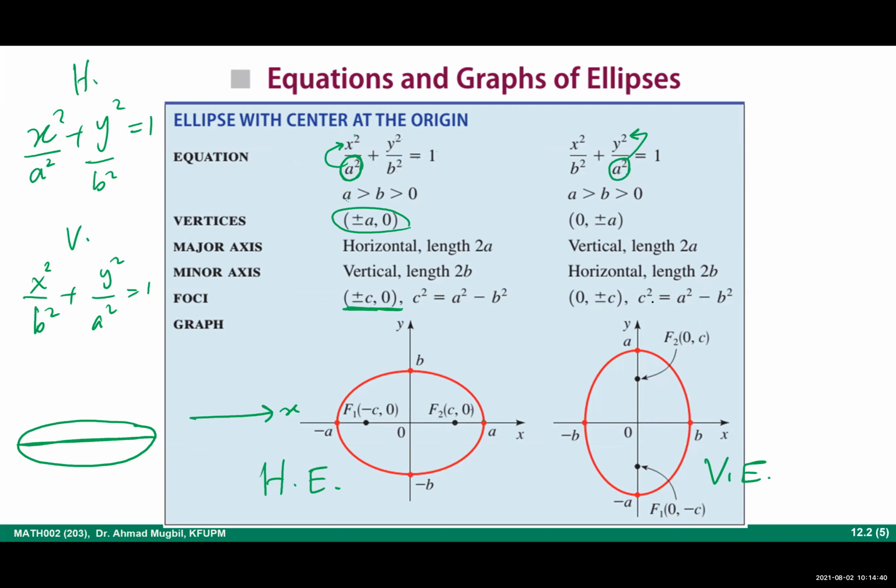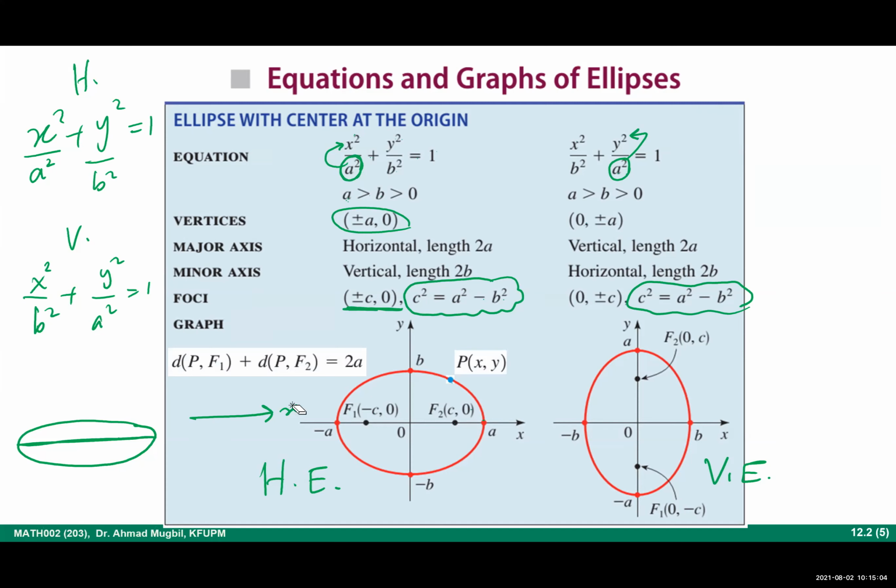The most important relationship, guys, is this one. What is the relationship between A, B, and C? Here it is. C squared equals A squared minus B squared. Of course, this will not be the same when we take 12.3. You will see that later.